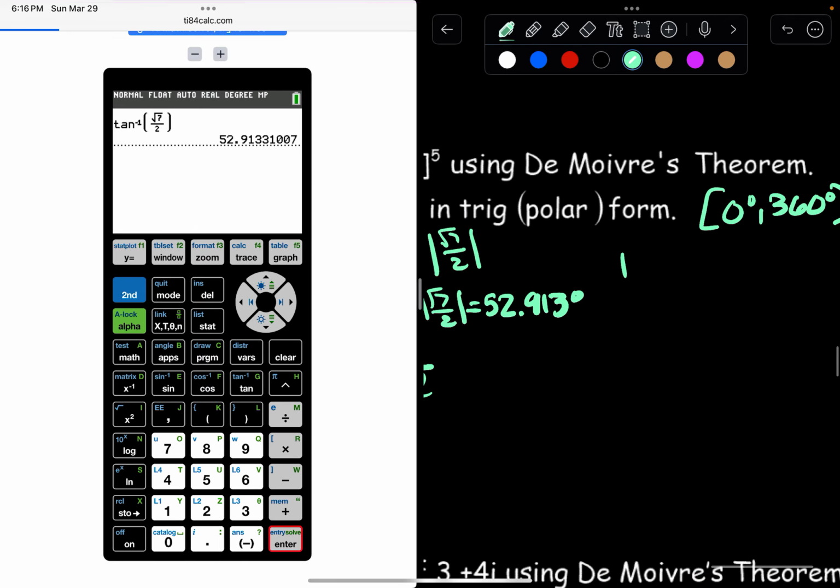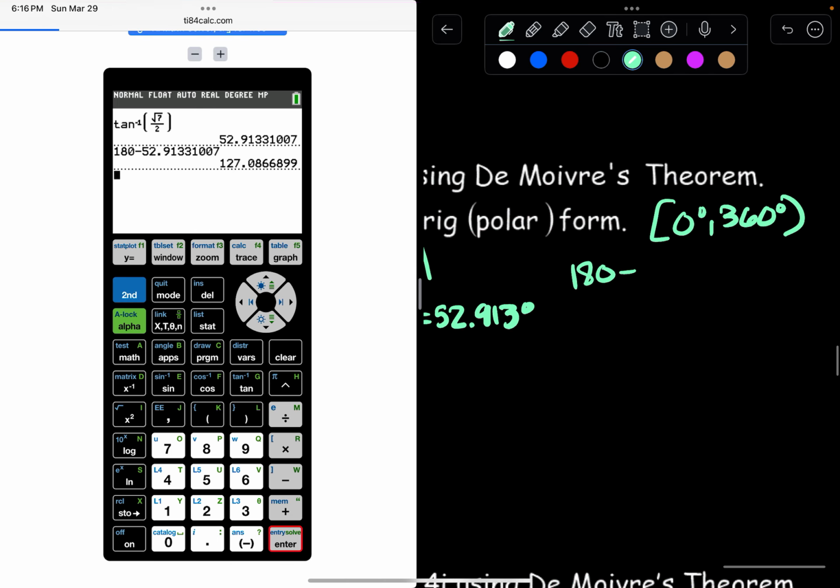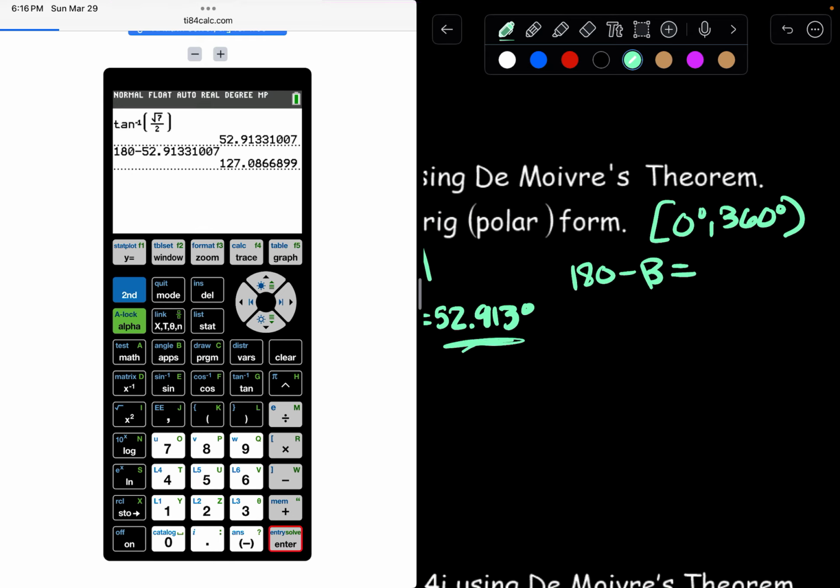So make sure when you're putting this in the calculator, don't type 180 and then minus and then type in just the 3 digits. You need to go up, copy it, and then evaluate it that way, okay? So to show this, I do 180 minus beta because that's my exact. My approximation is the 3 decimal. So now I get 127.086 degrees.